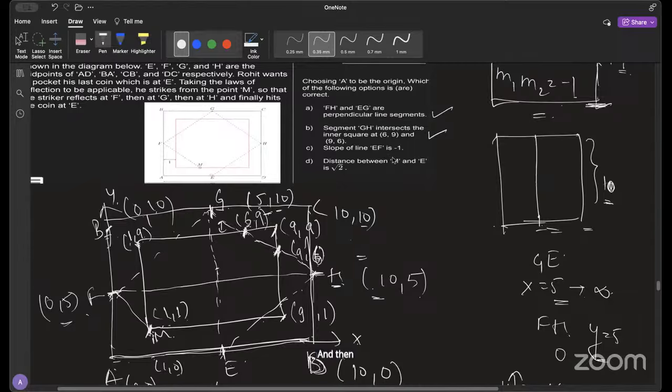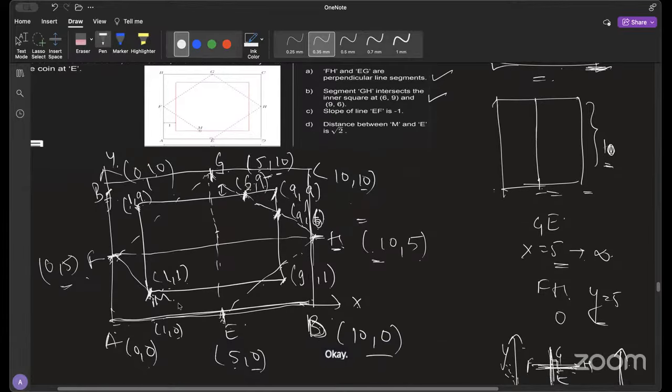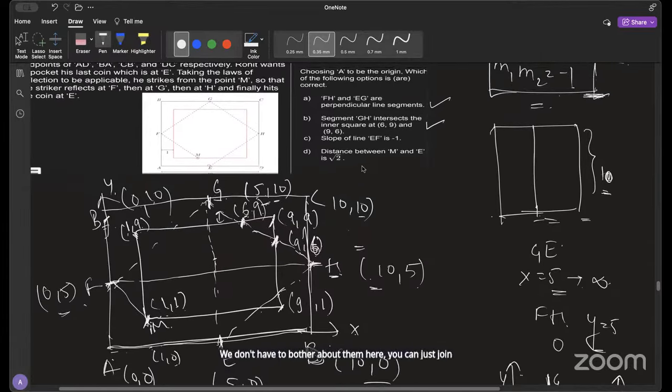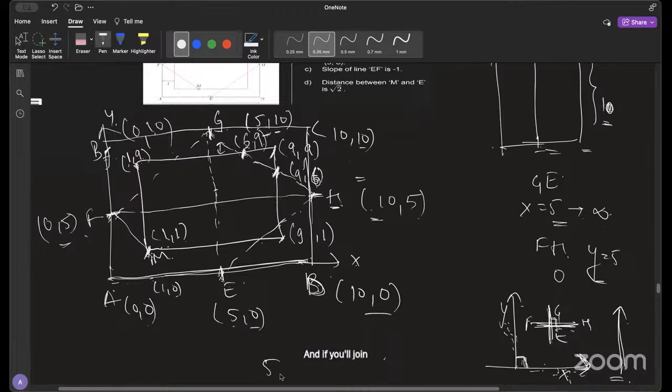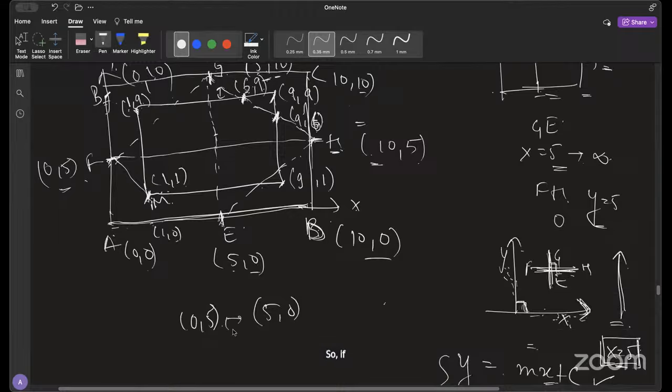And then the slope of EF is -1. So your EF, this is E and this is F. In this diagram, it's a little messed up, but we don't have to bother about M here. You can just join E and F. If you join, E is 5,0 and this is 0,5. So if you find the equation of the line, you will get y by 5 and x by 5 equals 1.